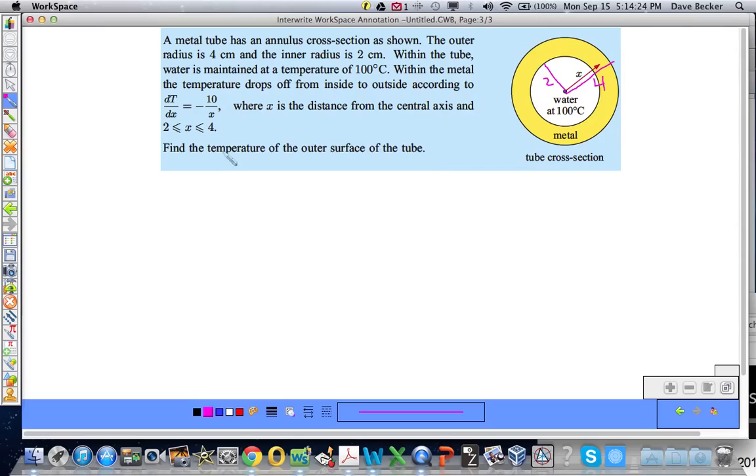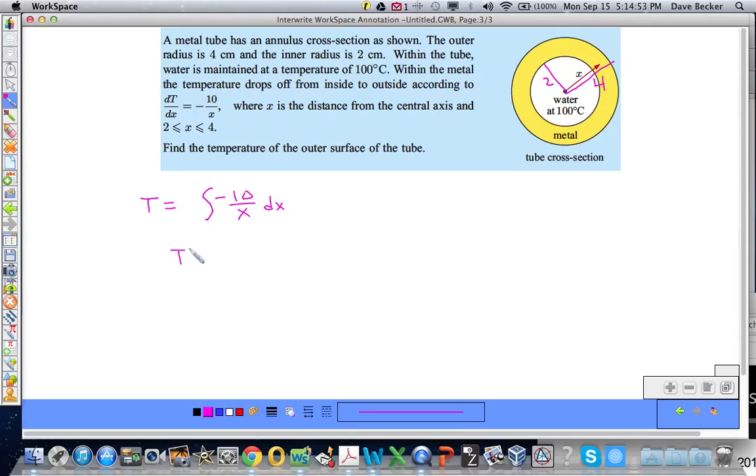Well, we know that the derivative of the temperature with respect to x is equal to negative 10 over x. So if we take the integral of the derivative, we get the original function. So the temperature is going to equal the integral of negative 10 over x dx, and hopefully you're screaming, natural logarithm.